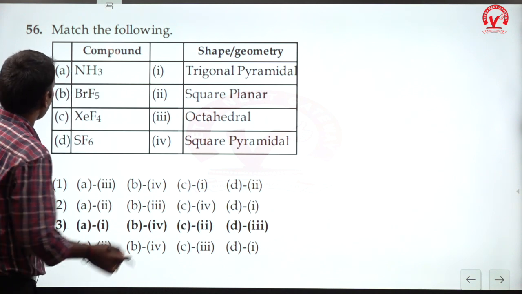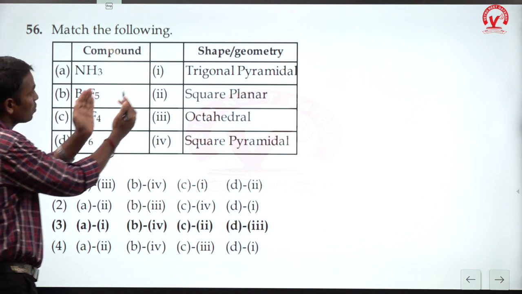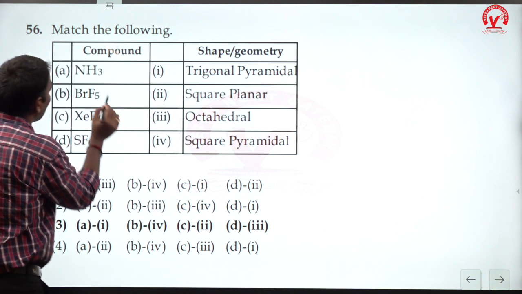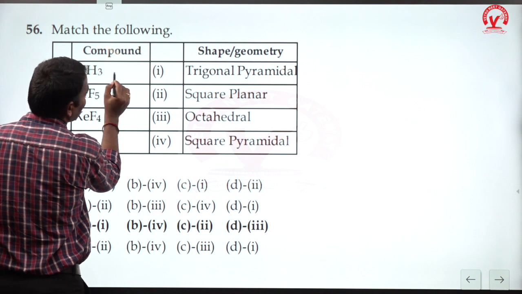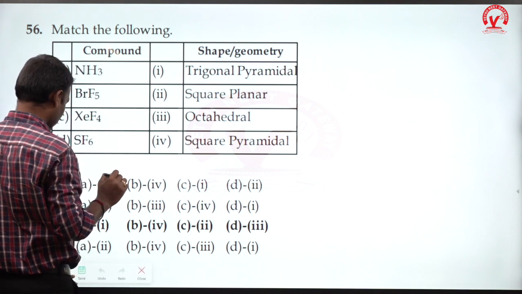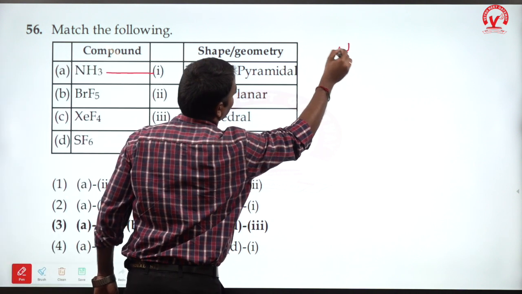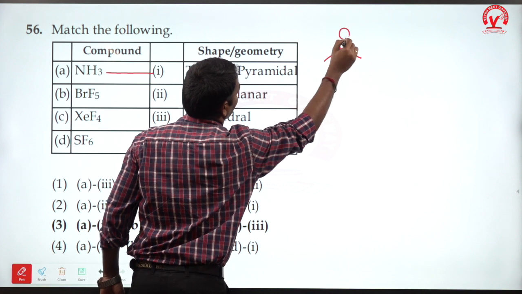Match the following. They give the compound and its geometry. NH3 is a trigonal pyramidal structure; we can take the NH3 structure like this.